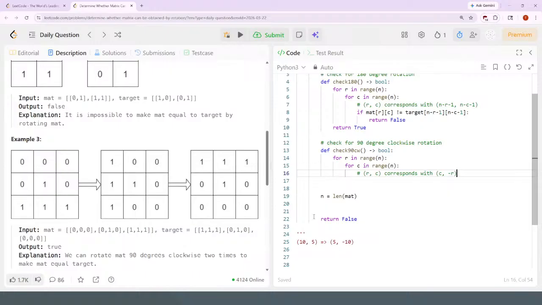So in this case, what would it be? I have to translate r, c into something like 0, 0 for the center.